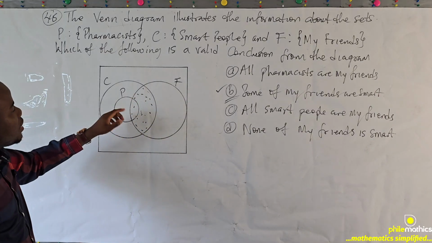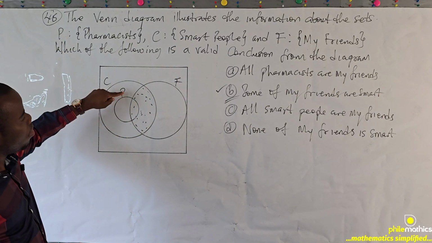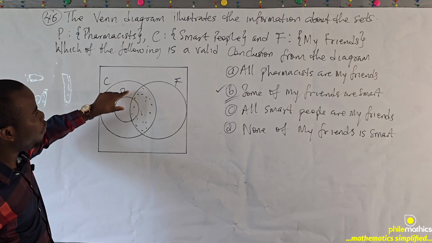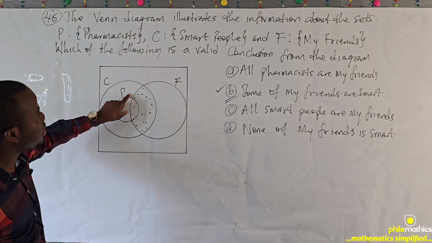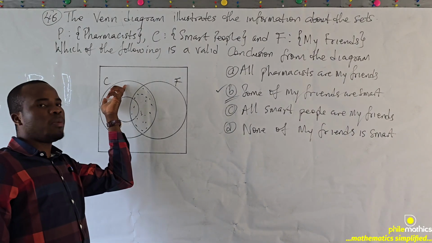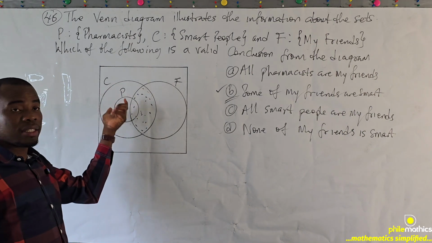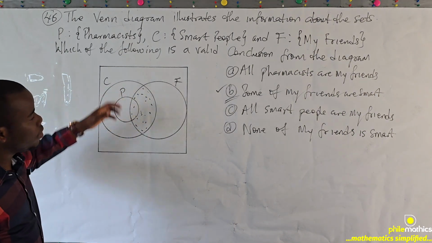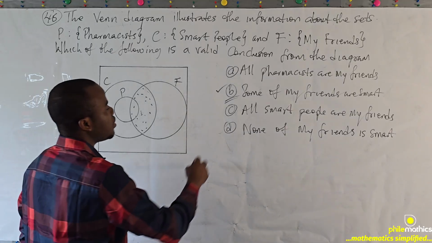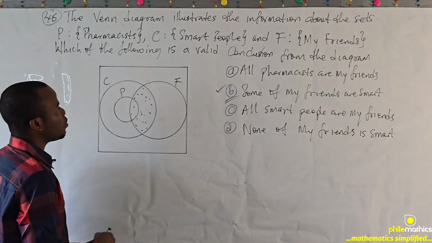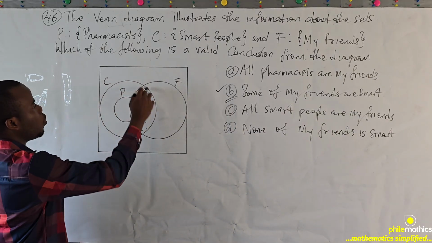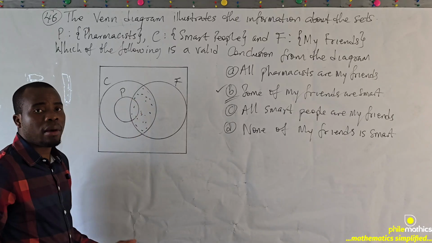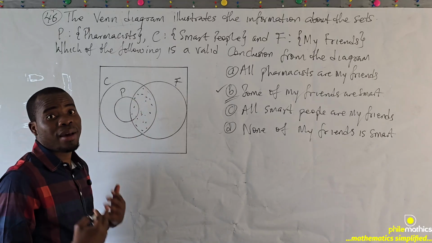So if we are to analyze this, we can easily say all pharmacists are smart people, because pharmacists are enshrined in the smart people. So the correct answer is some of my friends are smart, because part of the smart people is my friend. And truly, I have smart friends.